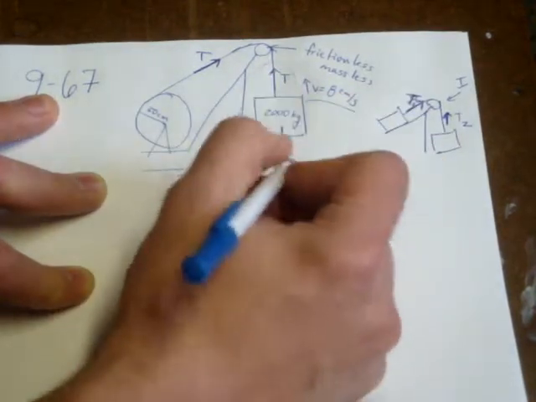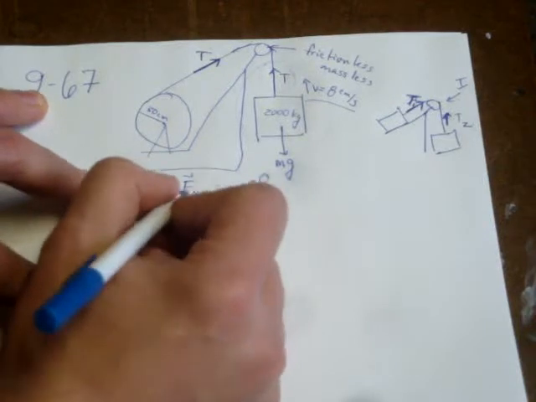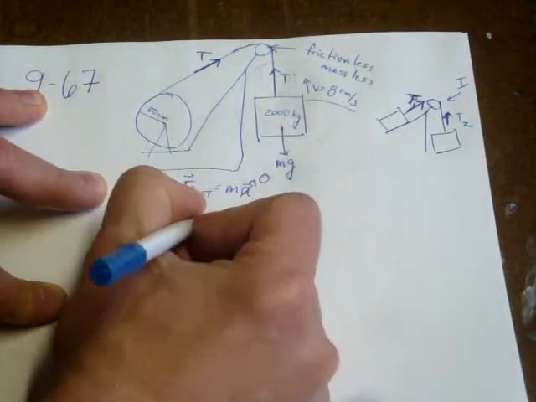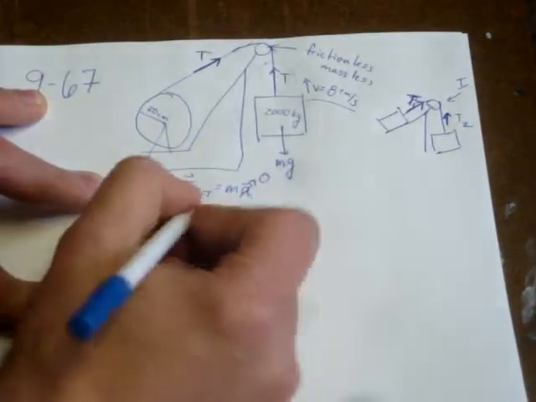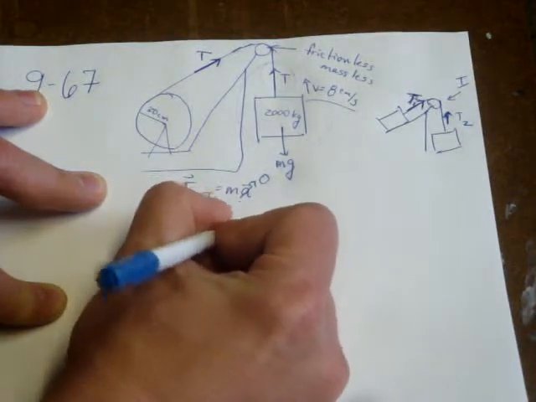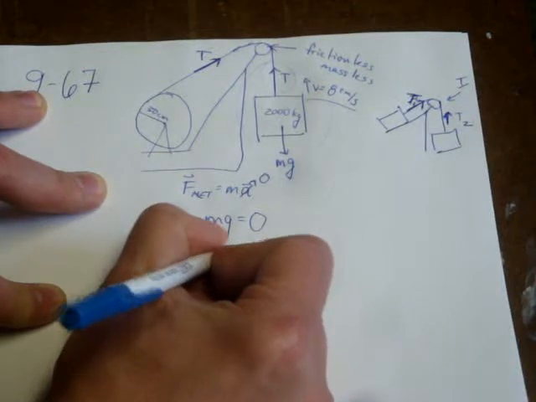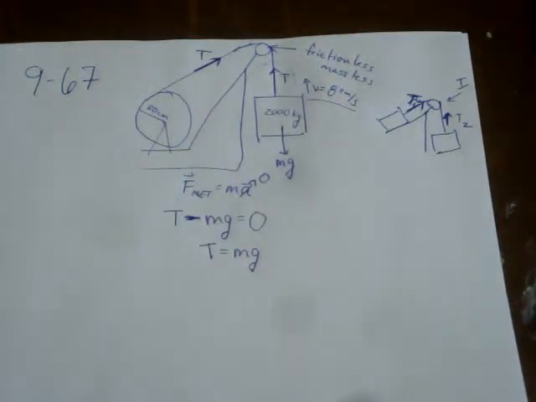So the change in velocity is 0. There is no change, so the acceleration is 0. If we choose up to be positive, the tension minus the gravitational pull downward, minus mg, is going to be equal to 0. So the tension in the rope is equal to mg. All right, that's part A.